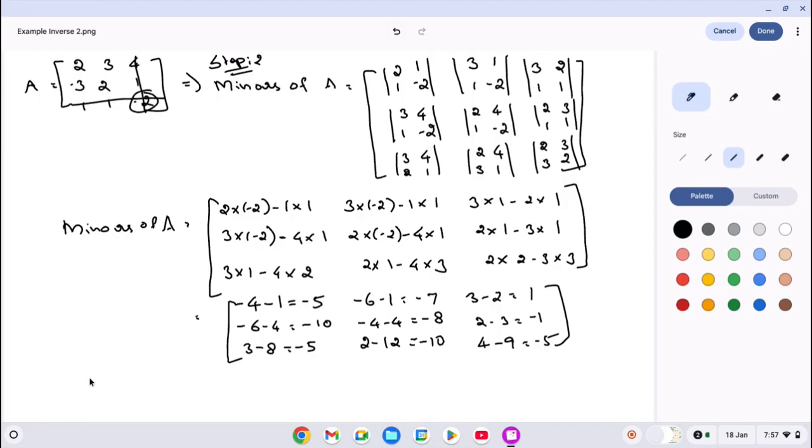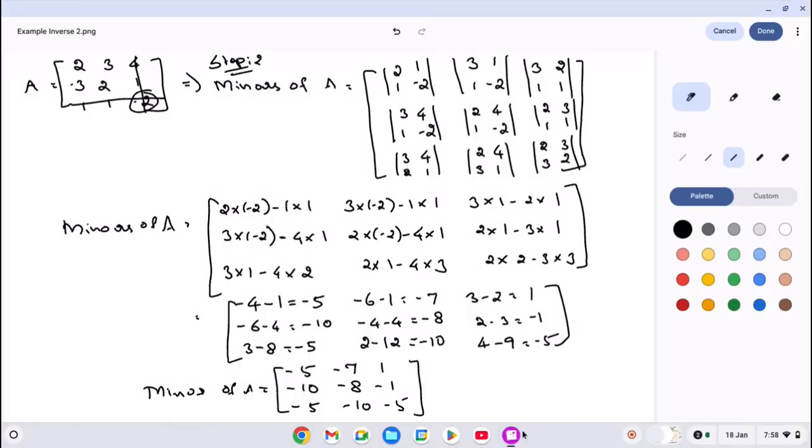So finally, the matrix we are getting is minus 5, minus 7, 1, minus 10, minus 8, minus 1, minus 5, minus 10 and minus 5. This is nothing but the minor of A. This is the end of step 2.